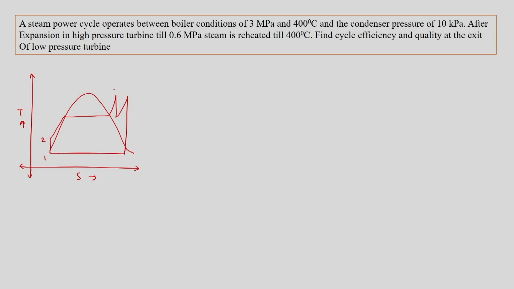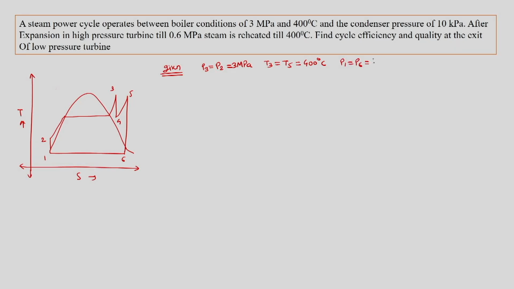So this is 1, 2, 3, 4, 5, 6. So given is P3 is equal to P2 is equal to 3 megapascal. Then T3 is equal to T5 is equal to 400 degrees Celsius.